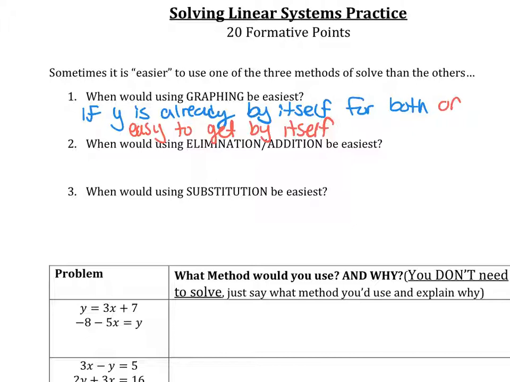So we had one equation like y equals negative 3x plus 7, and another one that was 4x plus y equals 3. The first equation already has y by itself, so you could plug that one right into y equals. In the second equation, y is easy to get by itself. All you'd have to do is subtract 4x, and then you can use your calculator from there. So graphing is easiest if it's easy to get y's by themselves.